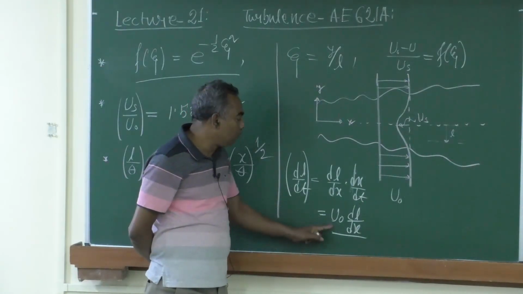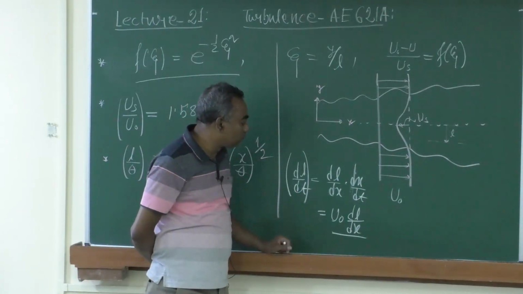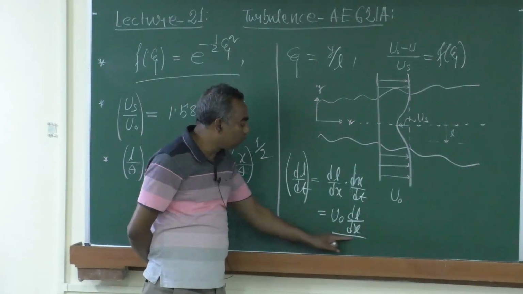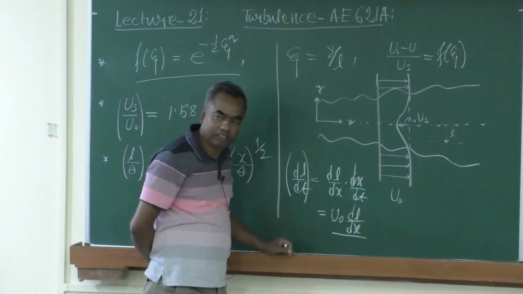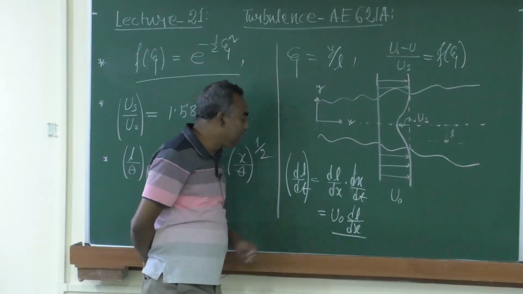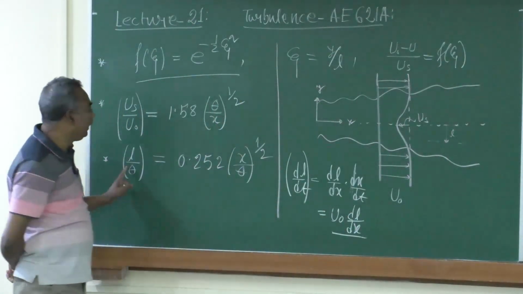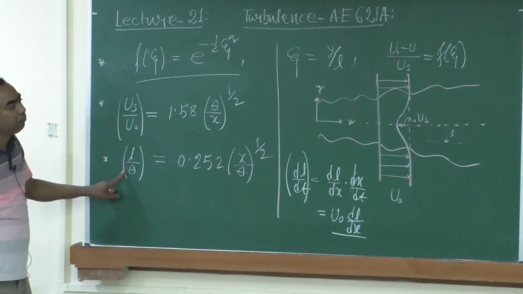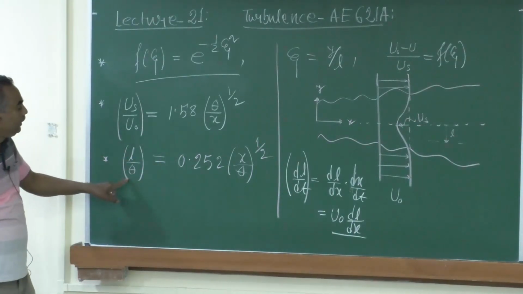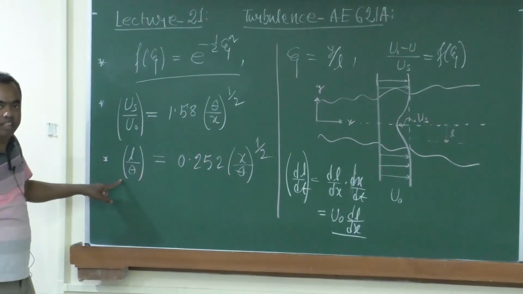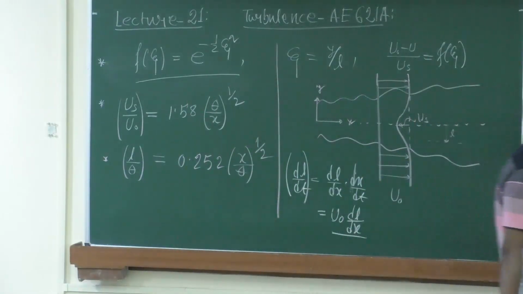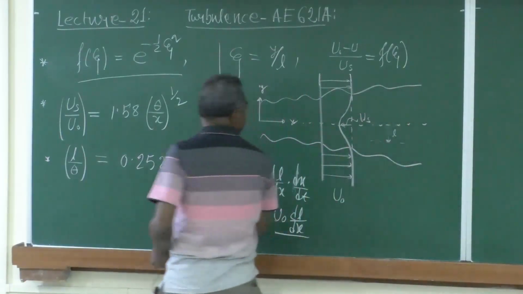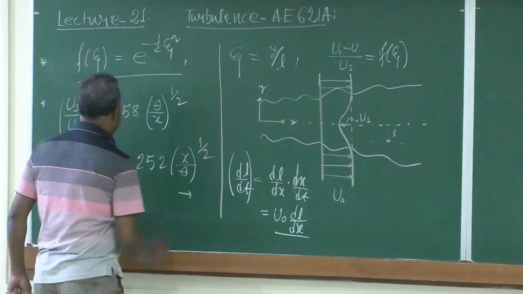Now, how to calculate the value of this quantity? We have to first know the value of this quantity, then we should be able to calculate the value of this. So, dl dx can be obtained from this equation.